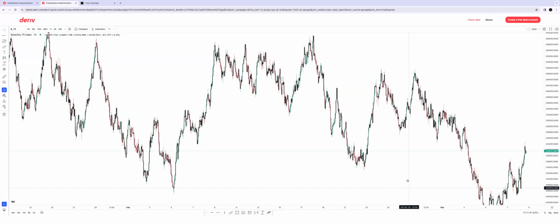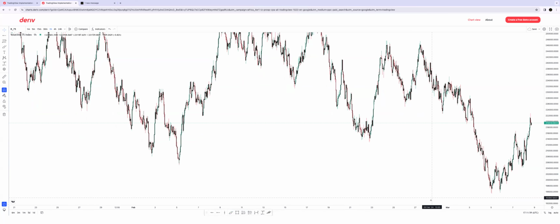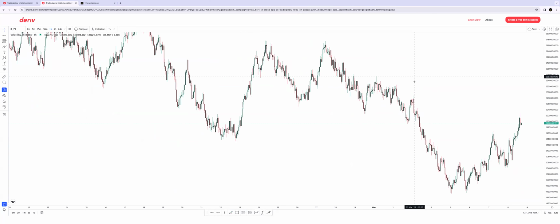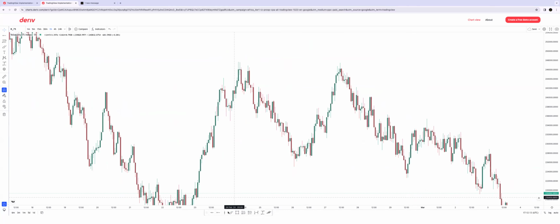So let's try to look for examples. So right here we have this example, whereby price was making highs. We made a low. We made a high.